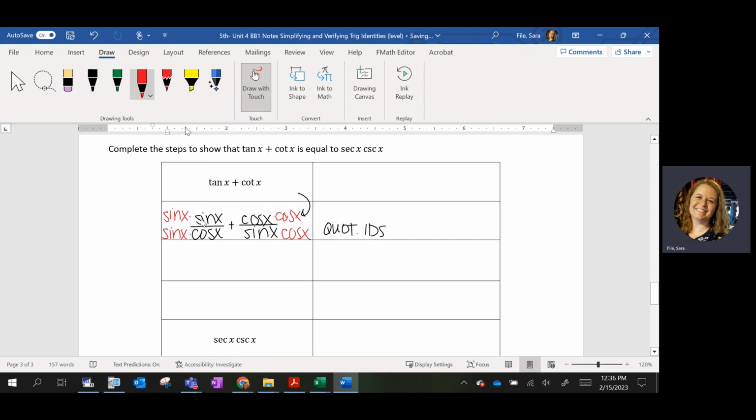over here, that would become sine squared in the numerator. Hang on, it moves my stuff down all the time. Let me start with the denominator so it's on the bottom. My new common denominator is going to be sine x cosine x, right? And in the numerator, that will be sine squared plus cosine squared.